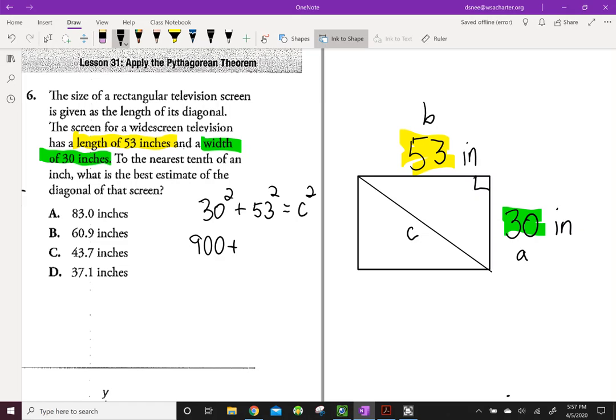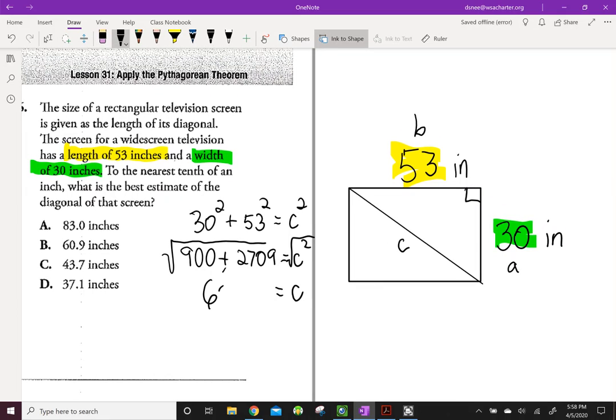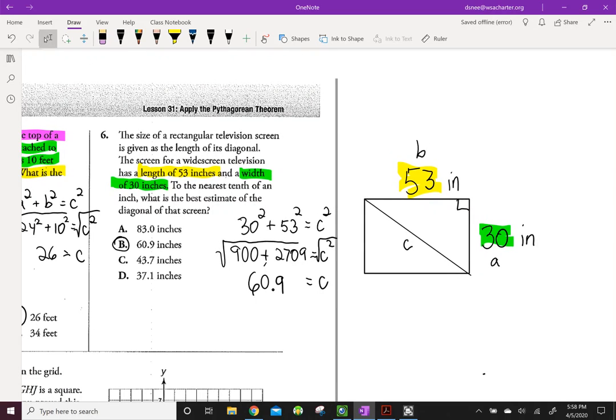Add 900, get 3,709, and the square root of 3,709 is 60.9. So 3,709 equals C squared, and the square root of both sides gives me the value of C being approximately 60.9. Okay, so the best answer choice there is B, the best estimate of the diagonal of that screen to the nearest tenth of an inch.